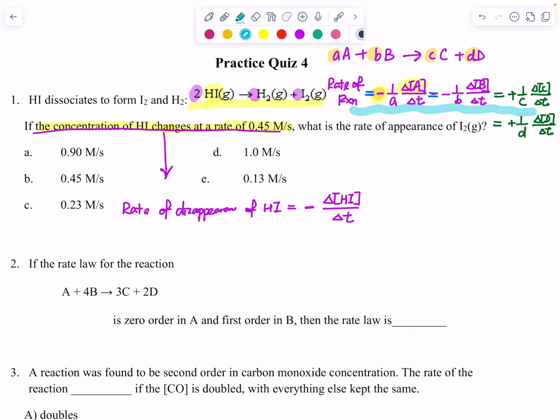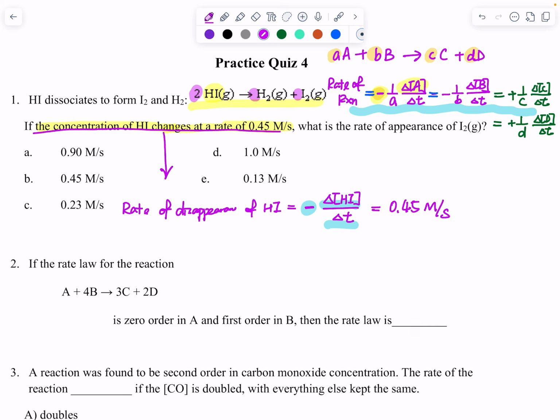Simply, this is the definition of rate: the change in concentration over a certain time interval, with a negative sign. Now this actually equals 0.45 molar per second.